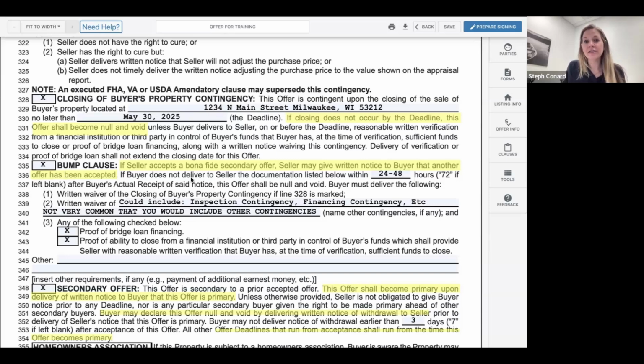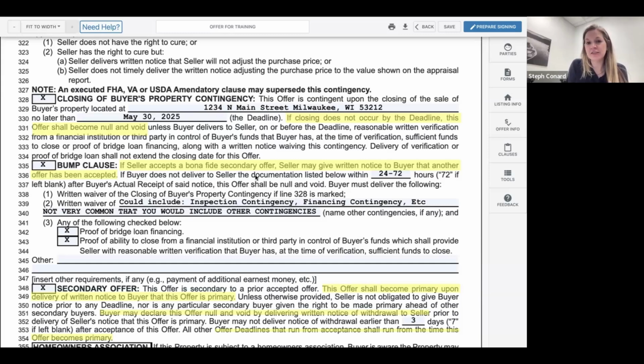If the buyer does not deliver to the seller the documentation listed below within 24 to 48 hours, or 72, this is the range, 24 to 72 hours, after the buyer's actual receipt of the said notice, this offer shall be null and void.